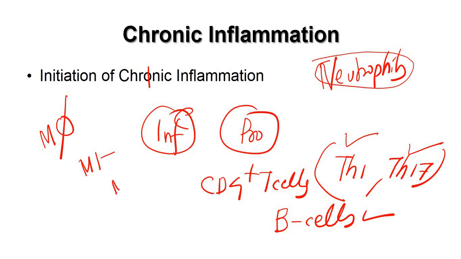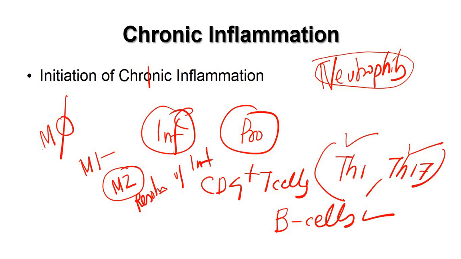Later on, it will be M2. M2 will help in resolution or cessation of inflammation. So these are the cell types that are involved. M1 was for inflammation, M2 is for tissue repair which takes place after inflammation.